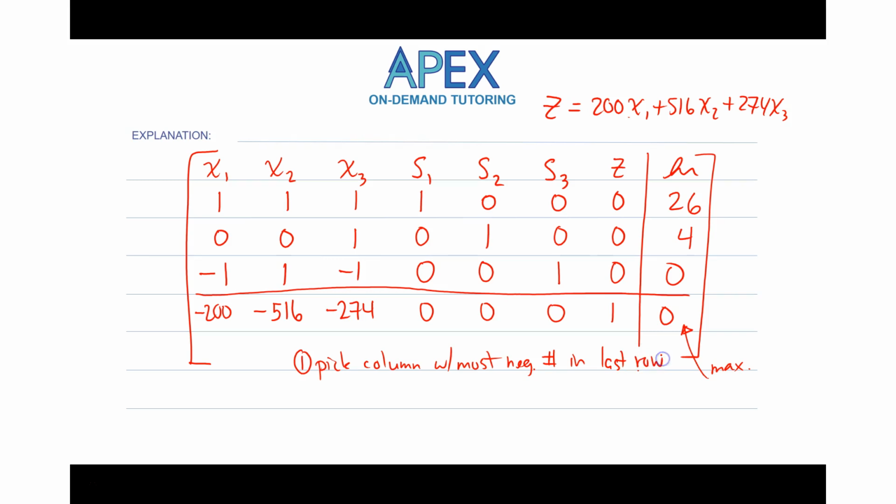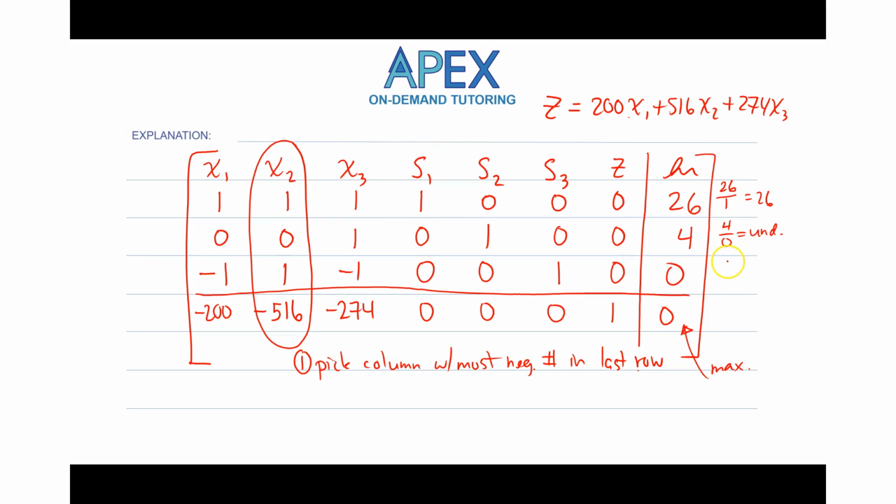And so for this first iteration, that's going to be right here, because negative 516 is the most negative number. Now I'm going to find a ratio between my coefficients and the number corresponding to that column. So this is 26 over 1, which is 26. This is going to be 4 over 0, which is not good, that's undefined.